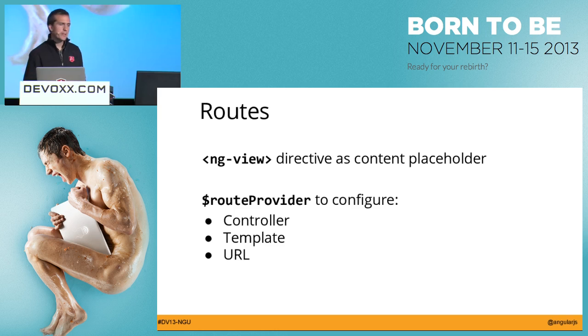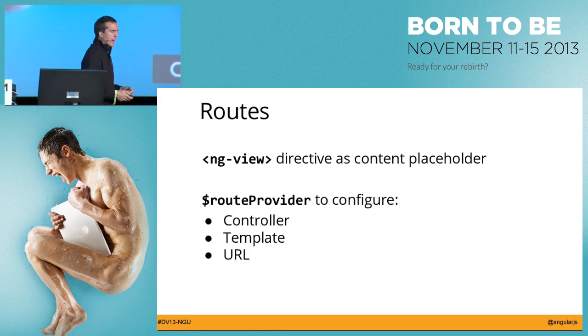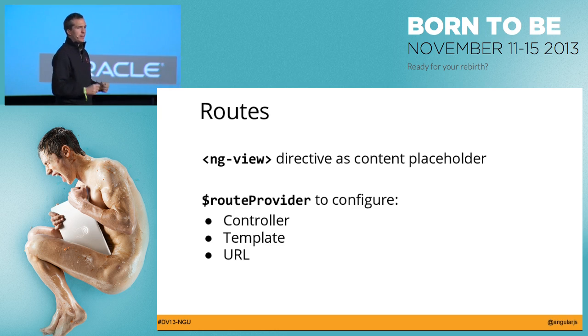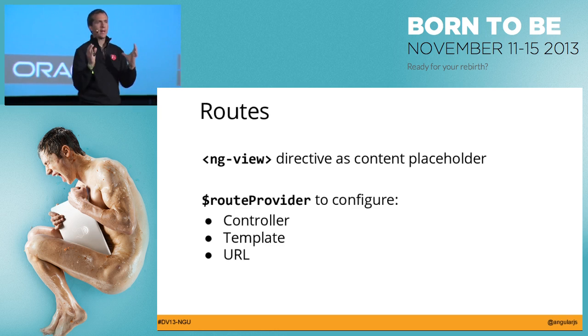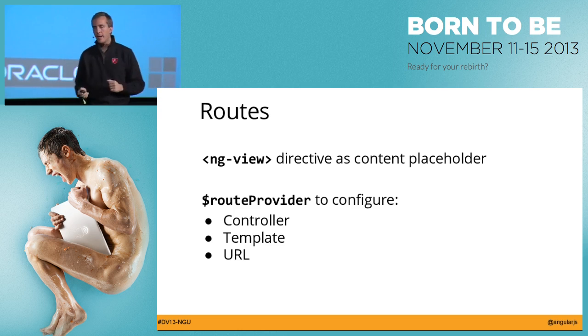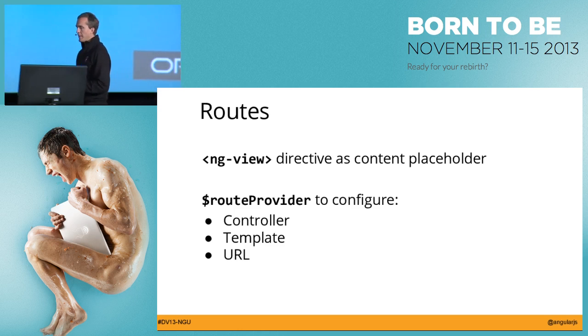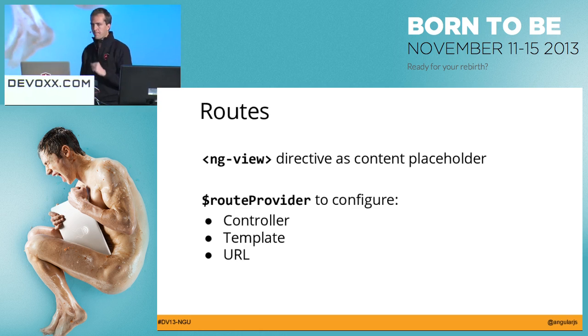And in Angular, we put these together with something called routes. When I'm building a route, in the template itself, the place that I want to have that content view, there's a special directive called ngView. And then I use something called a route provider to configure a couple different pieces of the route.